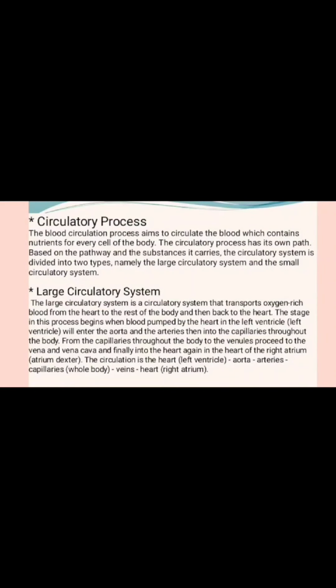Circulation process. The blood circulation process aims to circulate the blood, which contains nutrients for every cell of the body. The circulation process has its own path, based on the pathway and the substance it carries.